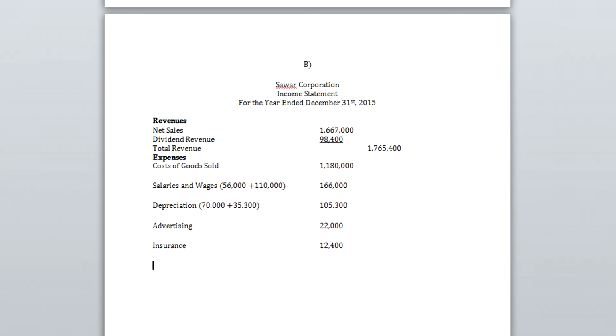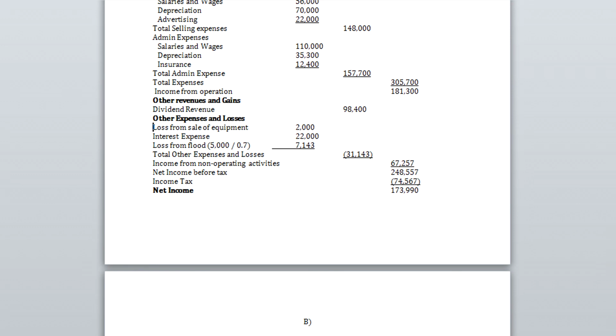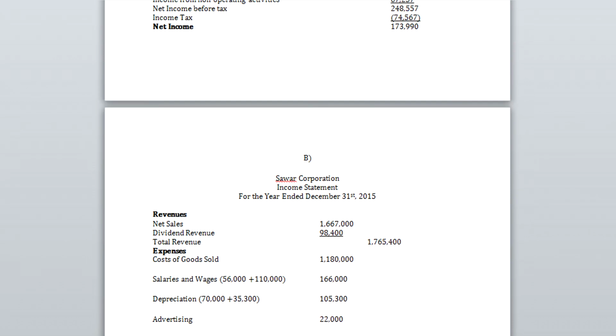Now, of course, these are all of our operating expenses. But of course, in a single step, we don't care about splitting between operating and non-operating. So we're also going to include all of our non-operating expenses in there. So our loss from sale of equipment, interest expense, and loss from flood. So what were these numbers?